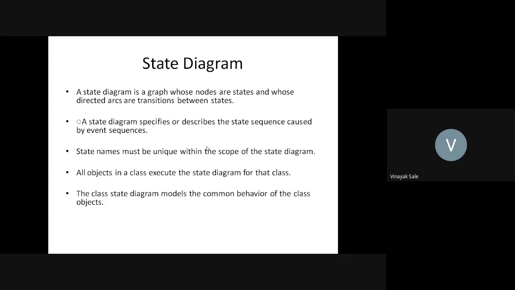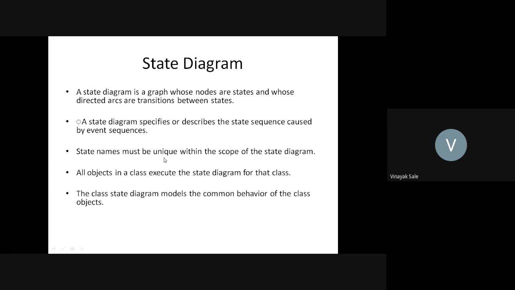We have seen the state diagram for the phone call. The state diagram is a graph whose nodes are states and whose directed arcs are transitions between states. A state diagram specifies or describes state sequences caused by event sequences.